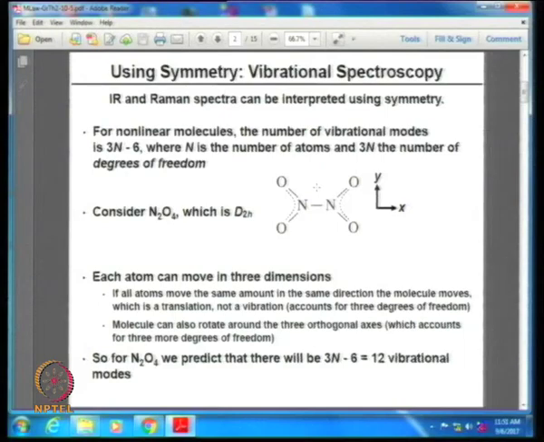So for N2O4, we may predict that there will be 3n minus 6 vibrational modes, because for any molecule, the 3 degrees of freedom which are just bulk translation of the molecule, and the 3 rotations which are just rigid rotation of the molecule as a whole, they don't enter spectroscopy.